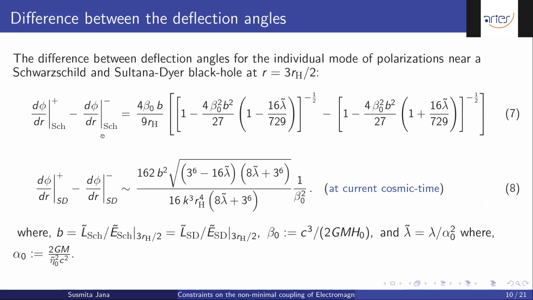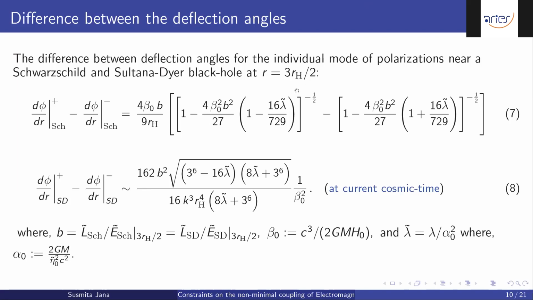These are the deflection angles, the difference between the deflection angles for plus and minus polarization, considering the Schwarzschild and Sultana-Dyer black holes. Both these quantities have been obtained at a particular radius, r equal to 3/2 times the horizon radius.